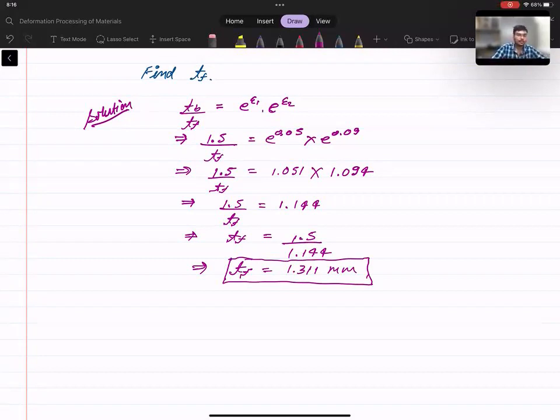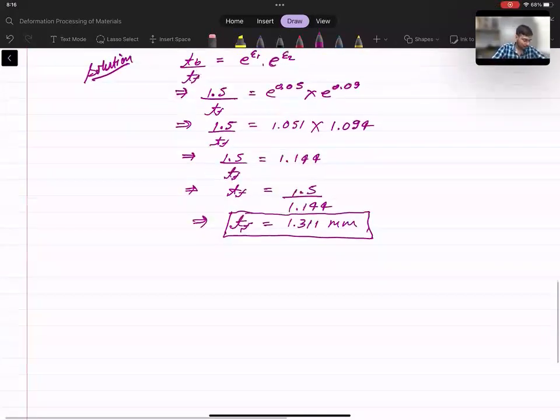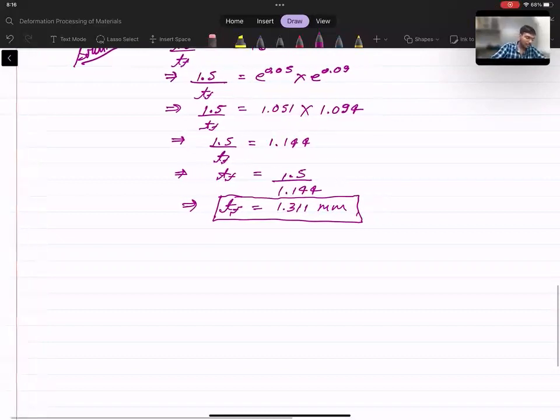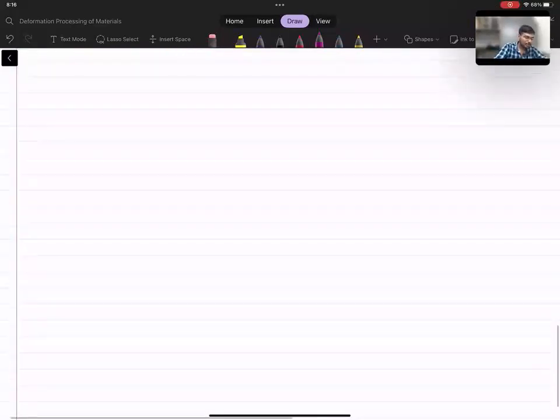Now let us see an important concept related to the bending operation: the bending allowances. In most of the metal forming processes, we have seen that elastic recovery takes place. After the forming operation, when the load is removed, the material recovers to some extent due to the elastic recovery.